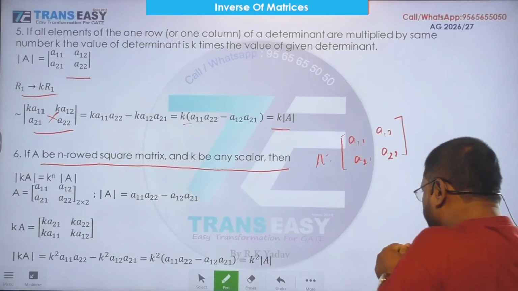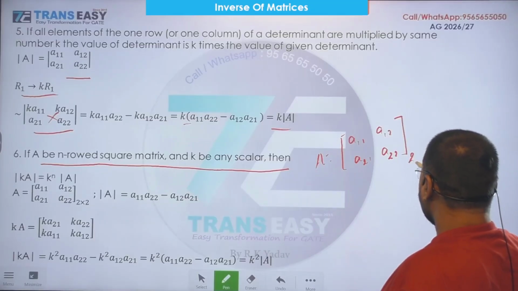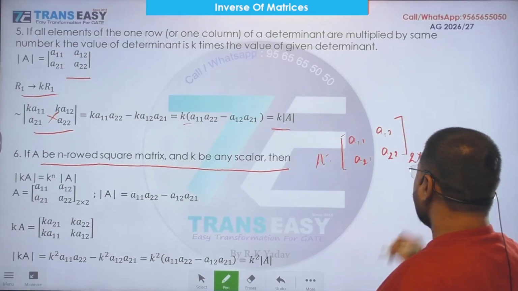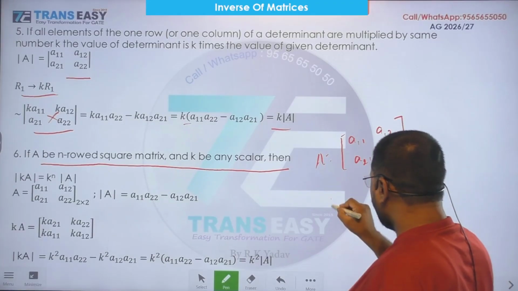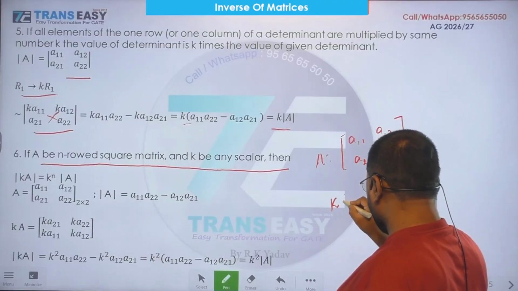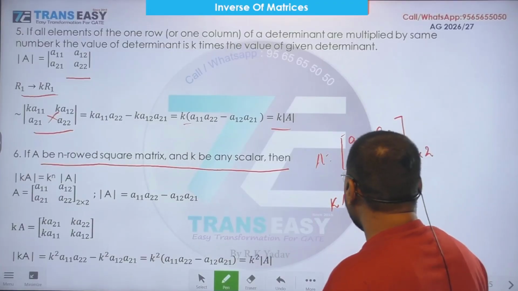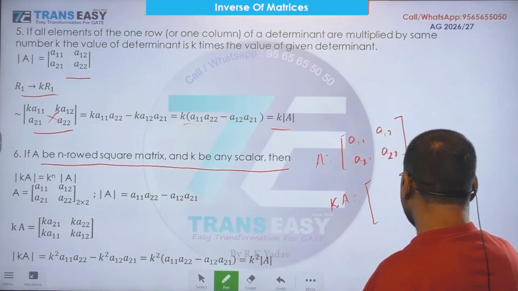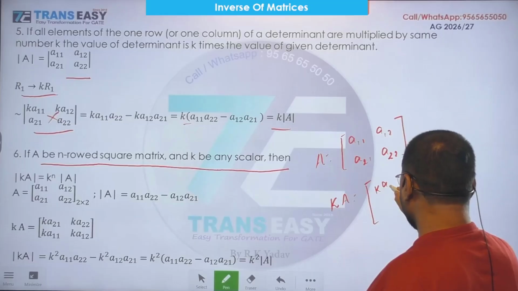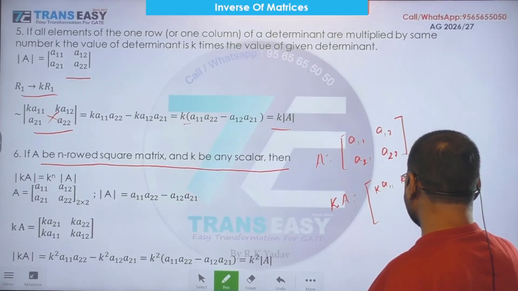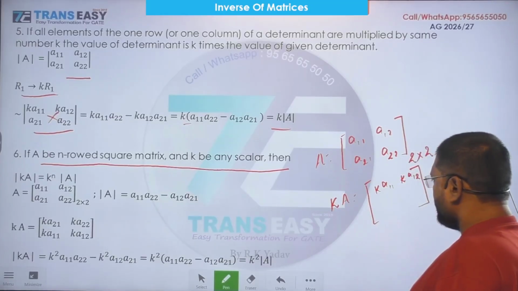This is a second order square matrix A. So all elements of this matrix are multiplied by this k. This is a scalar multiplication of a matrix.